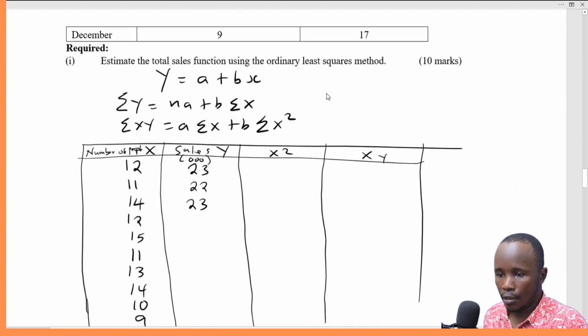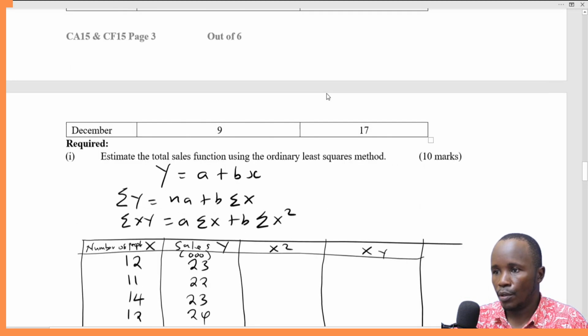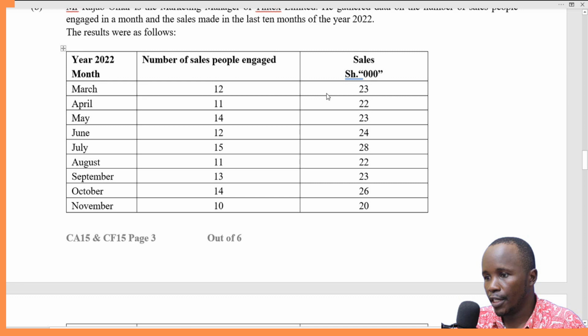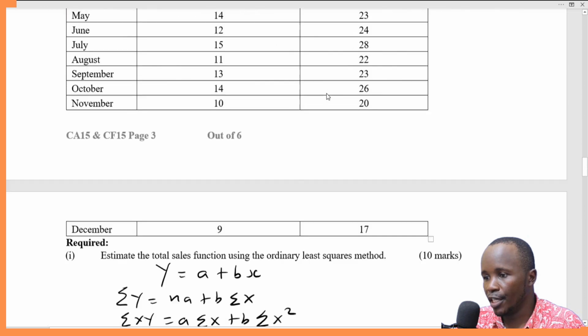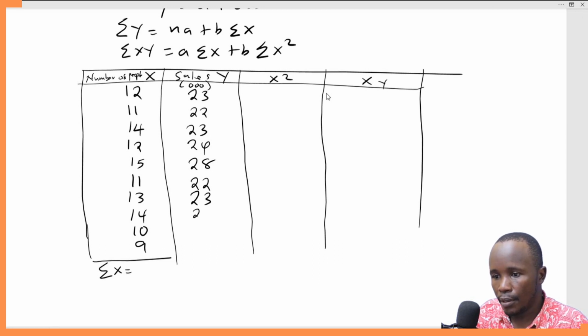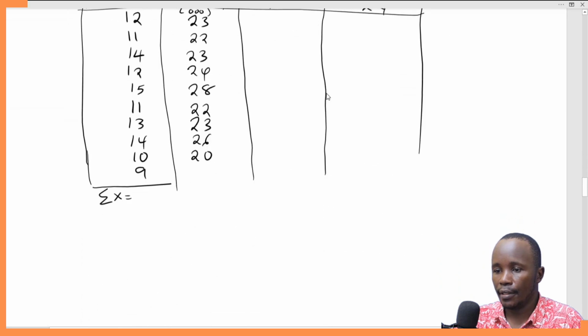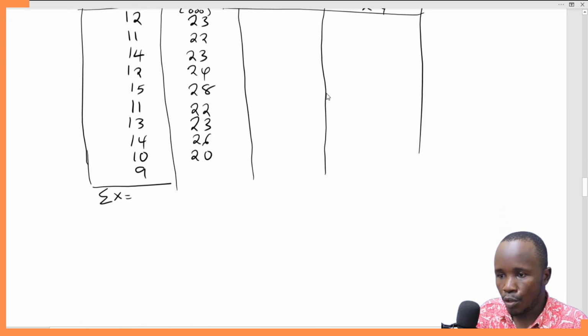Then 23, 26, 20. And finally, I have 17.